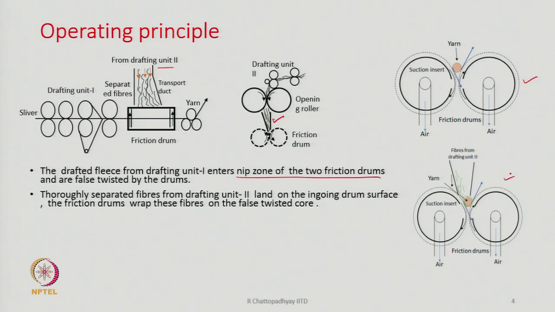And in this diagram, the green lines that you see here are the fibers coming from drafting unit 2, and the orange color indicates the fibers coming from drafting unit 1. So, two groups of fibers are meeting. They are meeting where? They are meeting at the nip area of the friction drums.